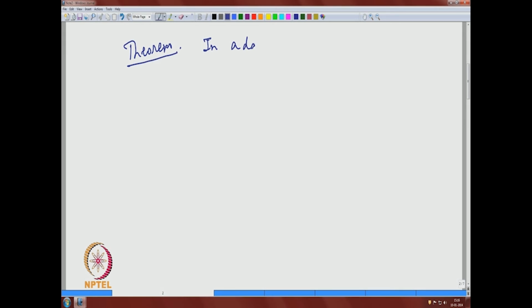So, I will just write a theorem. In addition to the hypothesis of global Lipschitz etc., so we also have several conditions on the coefficients etc. Assume, so these are some extra assumptions on the non-linear right hand side.